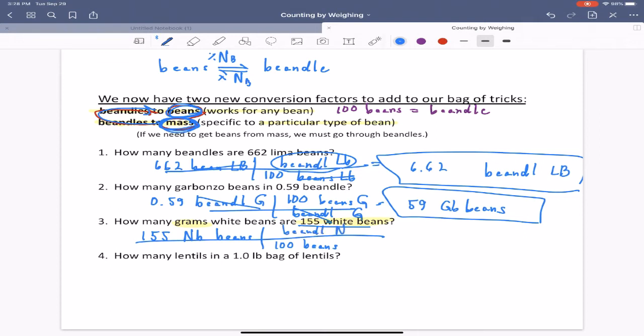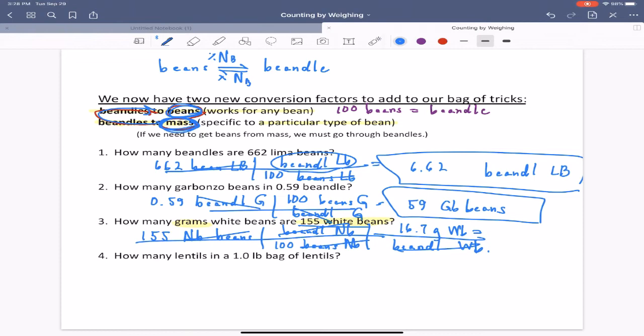And I'm talking about navy beans, which are also called white beans. I don't know. In the Navy, do they eat a lot of white beans? Very confusing. And then a beandle, the mass that goes with that group for white beans, I have to look up on the table. And it was 16.7 grams of white beans, or navy beans.